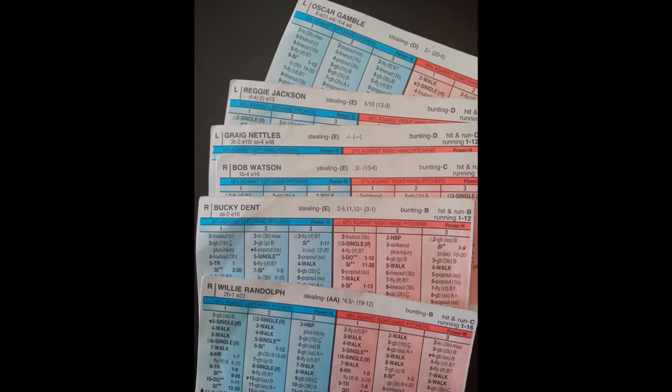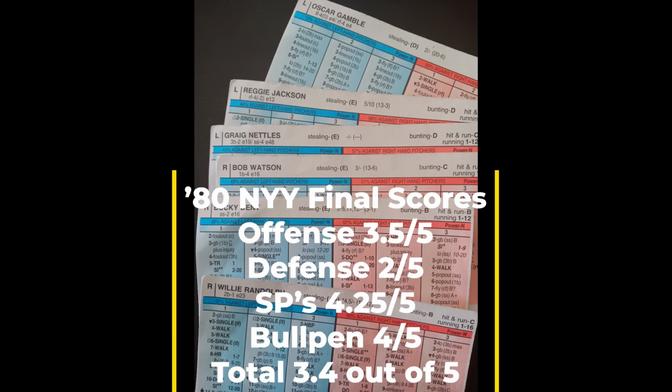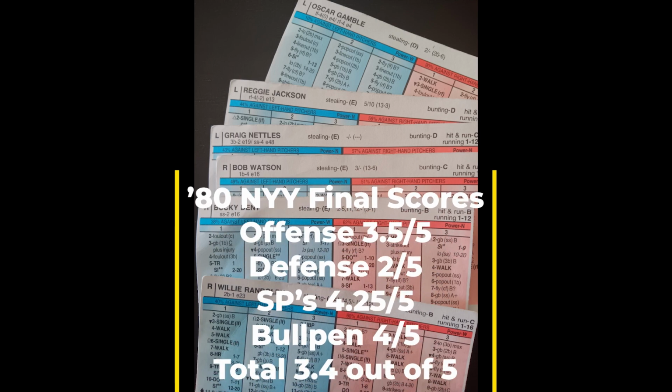The starting pitching checked out very good. It came out at a 4.25, which actually comes out higher than my score for the 1980 Orioles. And the bullpen came out a 4 for the 1980 Yankees. So my overall score for the 1980 Yankees came out at a 3.4, and my overall score for the 1980 Orioles came out at a 4.08.